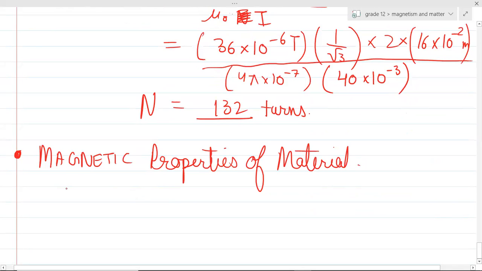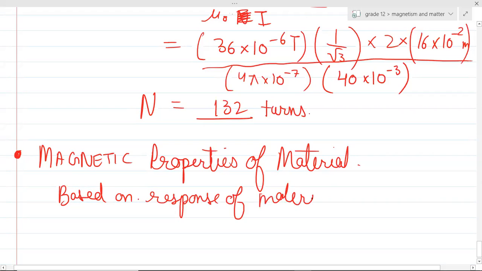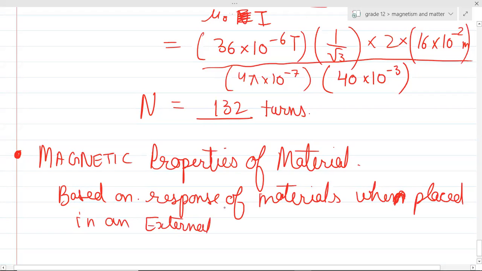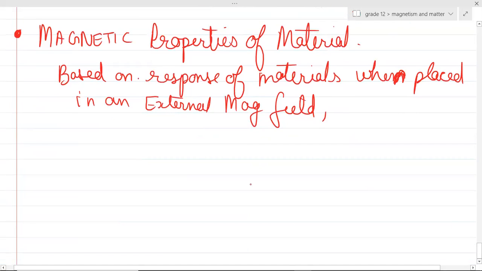So based on the response of a material when placed in an external magnetic field, materials can be classified into three different types.